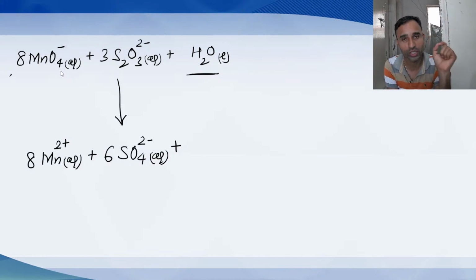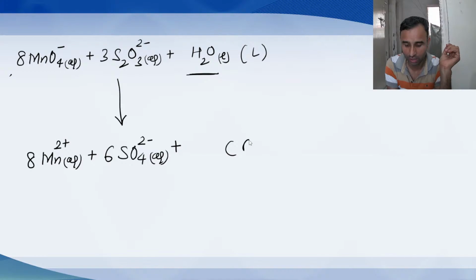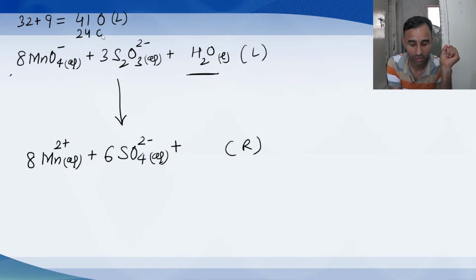So oxygens on the left side: 8 fours are 32 plus 3 threes are 9, so 41 oxygens on the left side and 24 oxygens on the right side.